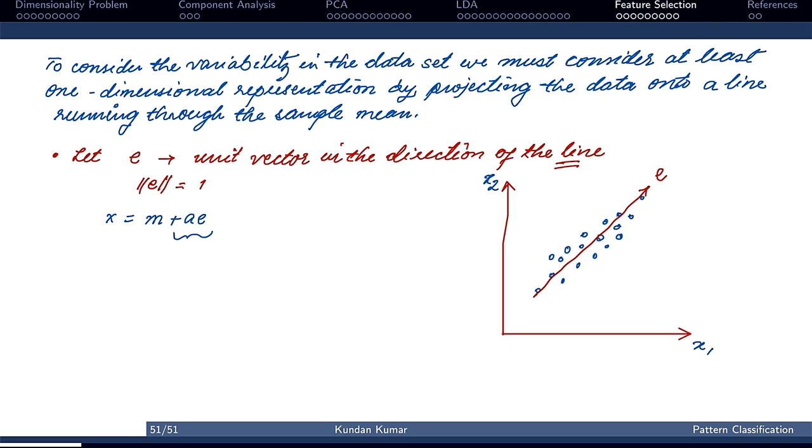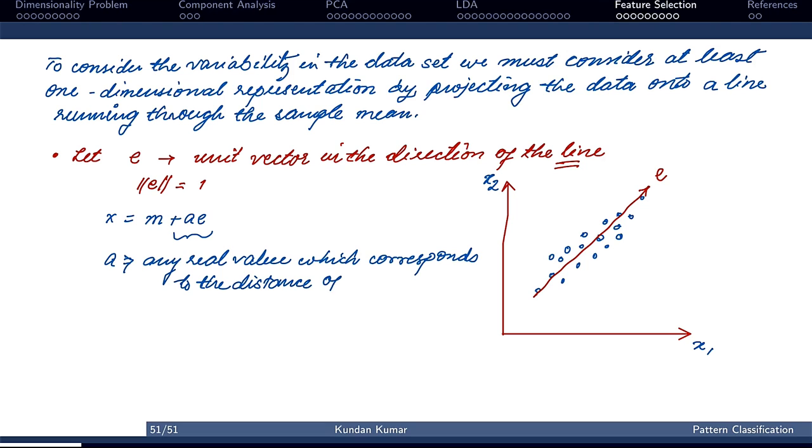So now we introduce the variation, where a is basically any real value which corresponds to the distance of any point x from the mean m.